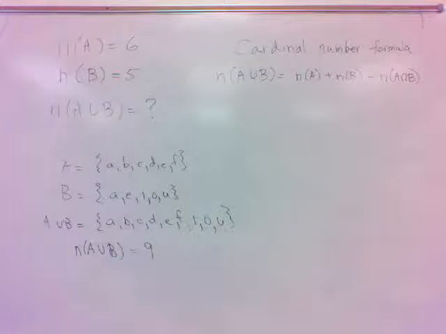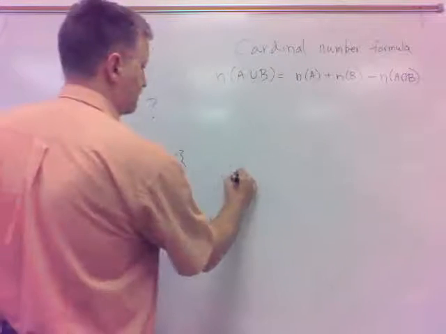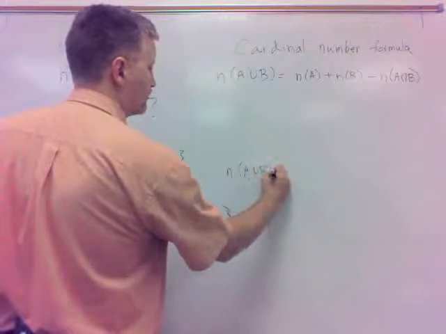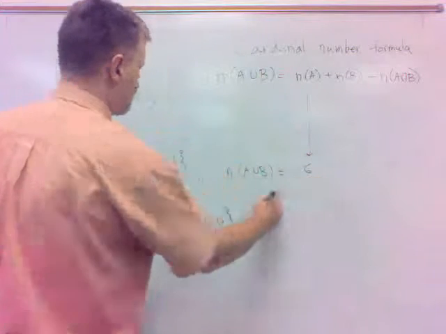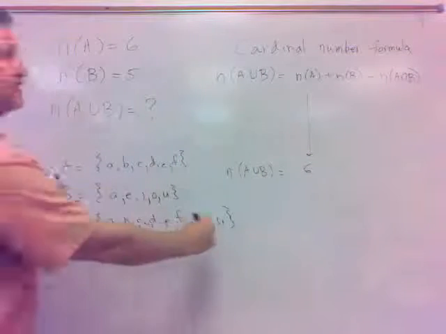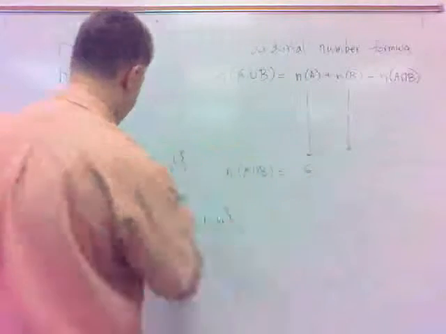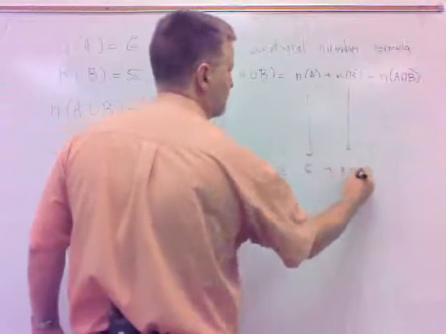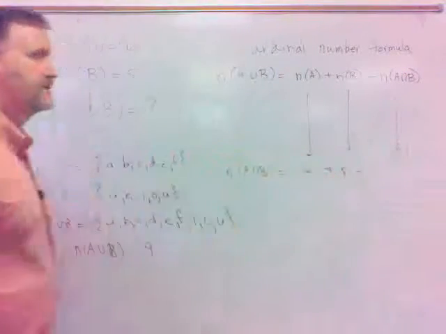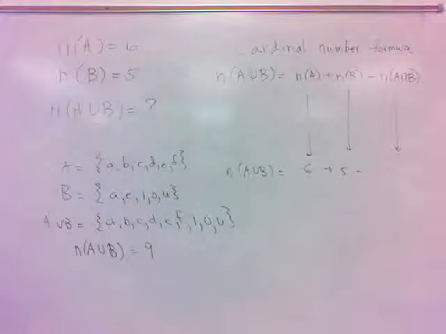If you think about it, that would work in this case, because in this case I have 6 in the A, right? In my scenario here, A was 6. What's the number in B? 5. And what about the number in A intersection B? How many is in the intersection?